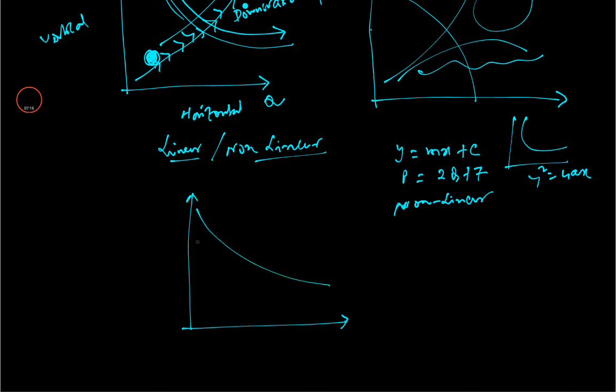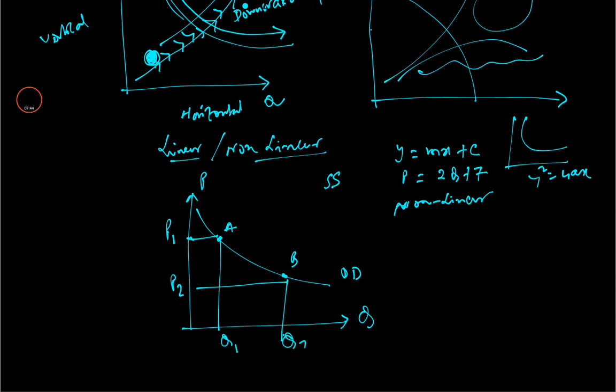There's also an easier way to remember downward or upward. If you move from one point to another, for example A and B, and one value rises while the other value falls, then it is downward sloping. If you see that, it's a demand curve. Demand curve in short form is DD, supply curve will be SS. Here at this point, P has a higher value, maybe P1. At this point, P2 is a lower value. Here Q1 is lower and Q2 is higher.